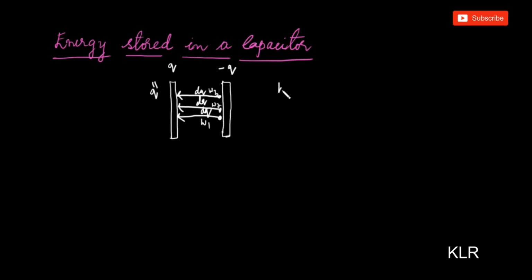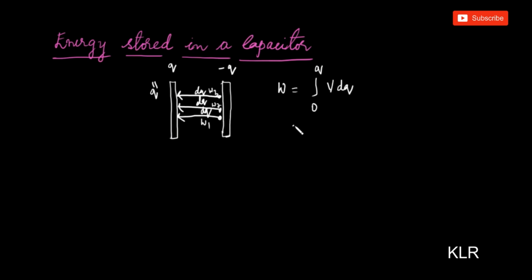Now repeated addition is integration. So I will write integral from 0 to q, because earlier the charge on this plate is 0, and finally it is q. And we know w is equal to v into dq.